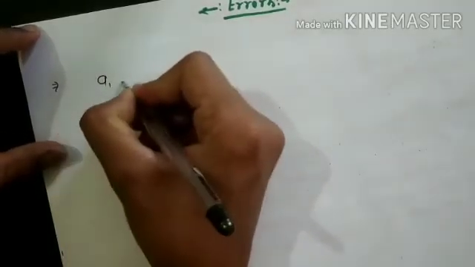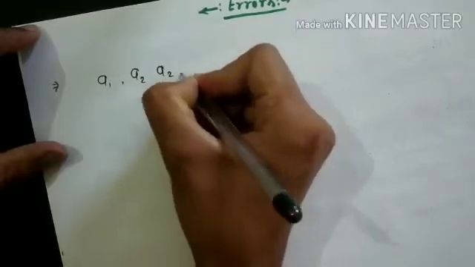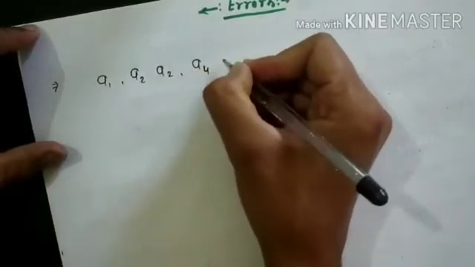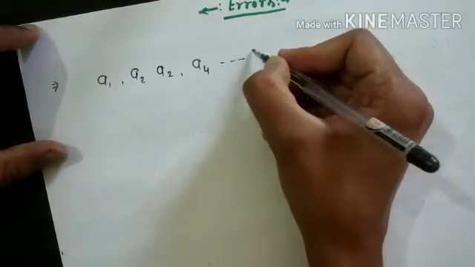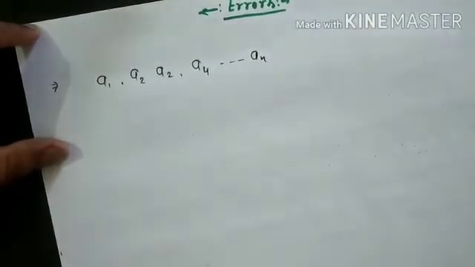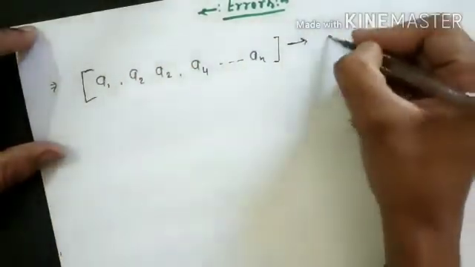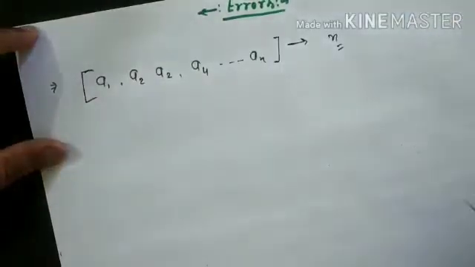Consider that we are taking observations during an experiment and we are getting results A1, A2, A3, A4 and so on, n times. So you have taken n observations.